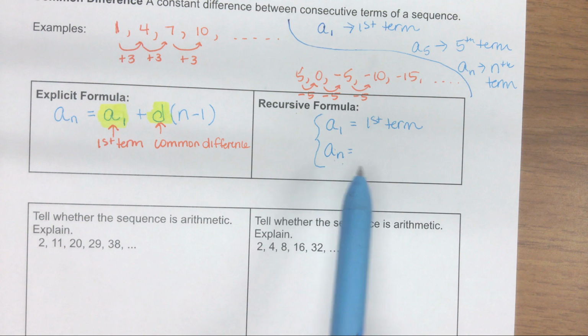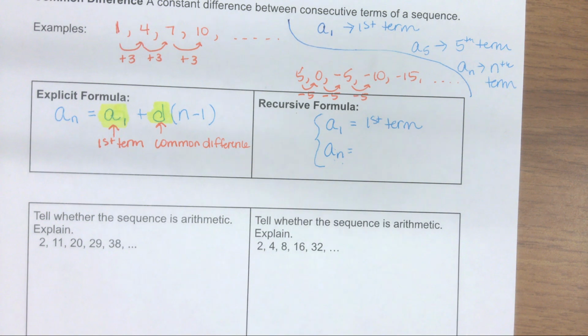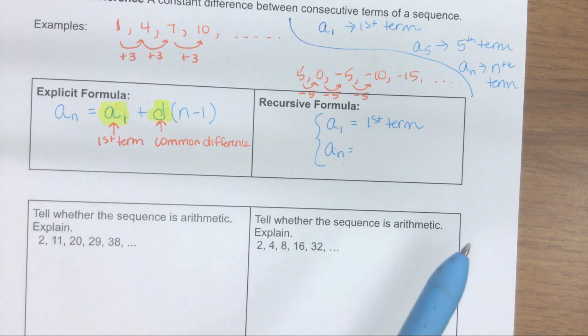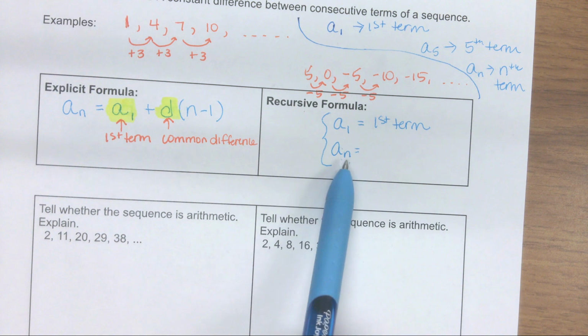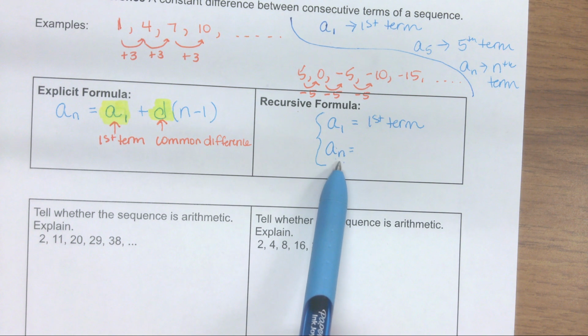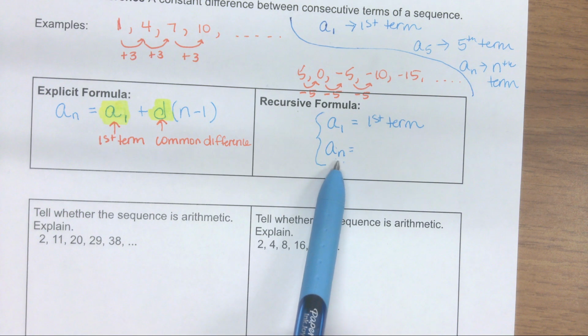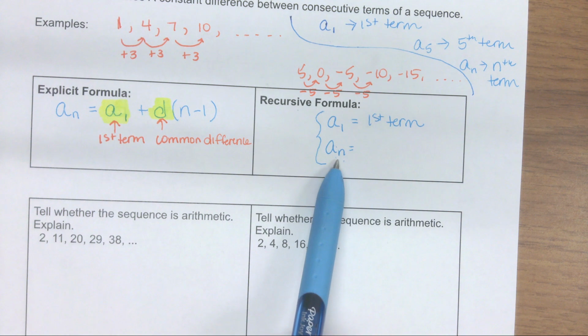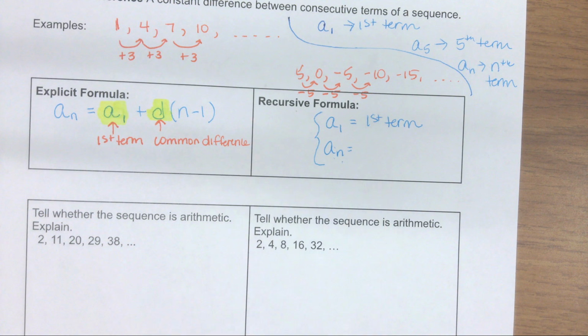Because you need to have two that are next to each other. So when we want to find the next term of something, we need to know what the term before it is. What's the term before n? What's the term before the nth term? The n minus 1 term.